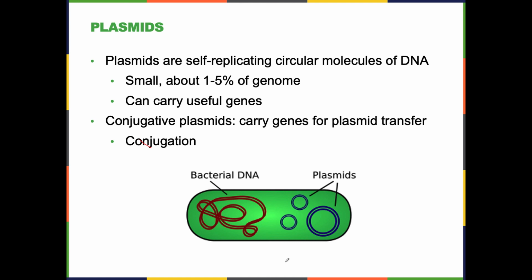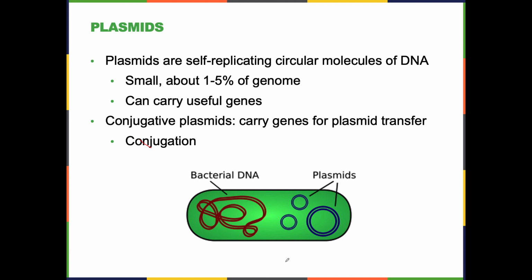Right? In many ways, some people like to look at these things as a super rudimentary life form because it's DNA, it's able to be passed from one to the next, and has genes essential for its own survival. All right, so really cool stuff. But we're not going to care about that so much. We're going to care about its role in conjugation.